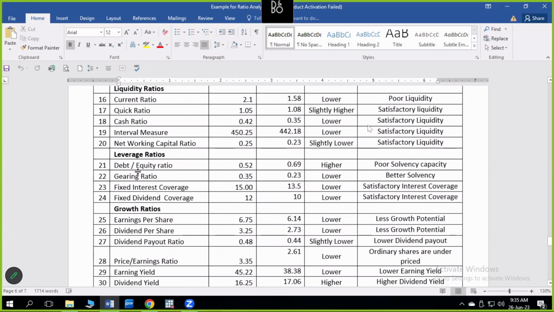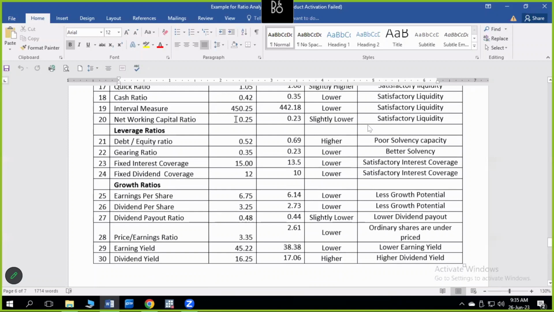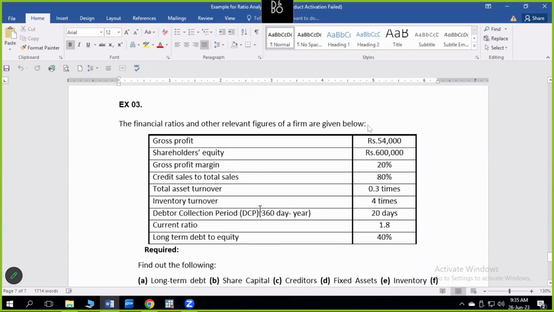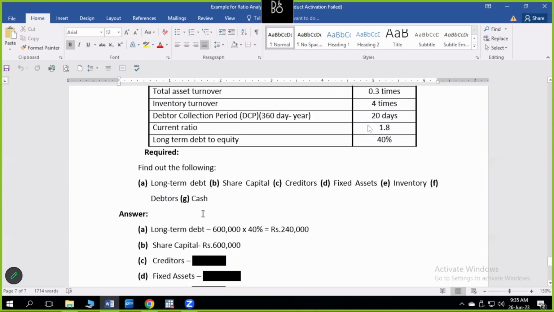So long-term debt over equity, the result is given as 0.4. So 0.4 is equal to the long-term debt over equity.